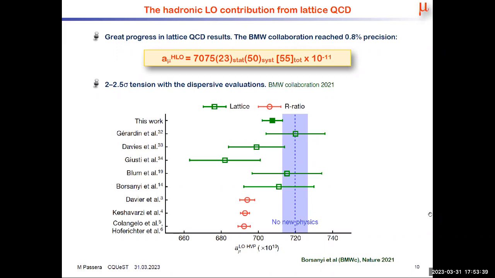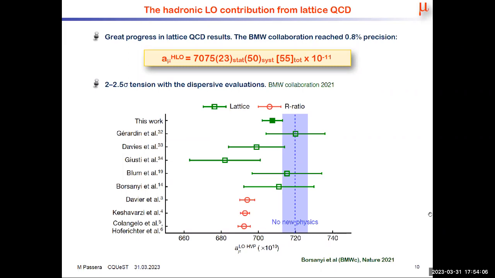So 1% would be like this. If you go to a few percent, it would be these ones, for example. It's not enough to resolve the discrepancy. But considering that it's such an important result, and considering the puzzling situation where we are, I think that having an intermediate result would already be an important result.